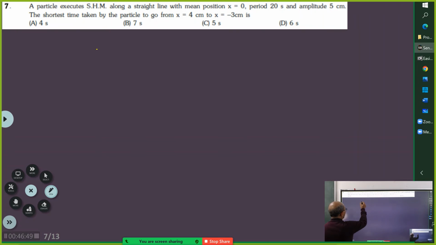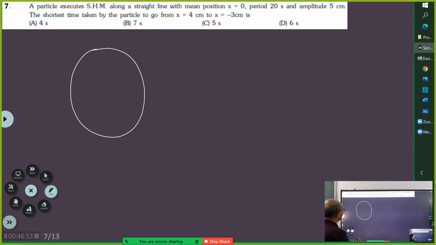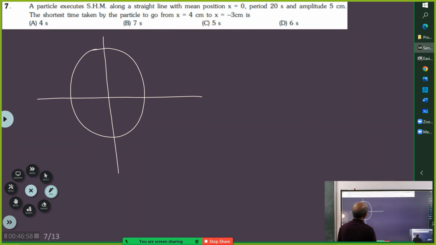Arun, what happened to you? You got option C. Okay, a phasor with amplitude 5. They have told us it's a phasor with amplitude 5 and the shortest time taken for x equal to 4. If you take the waveform as x equals a sine of omega t, then mark the position x equals 4 and this is x equals minus 3.